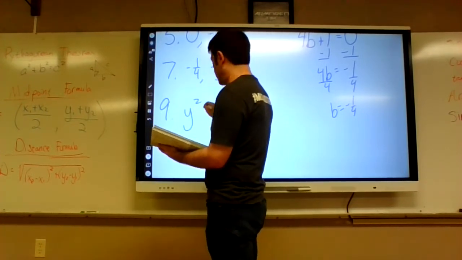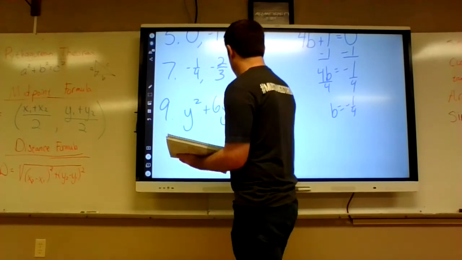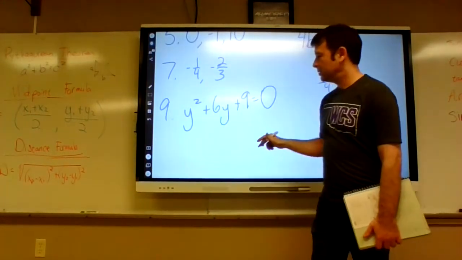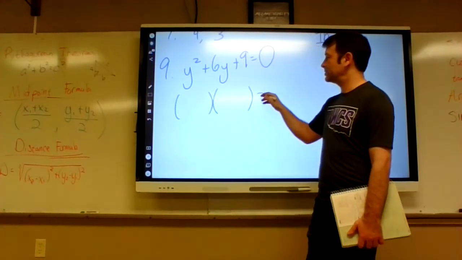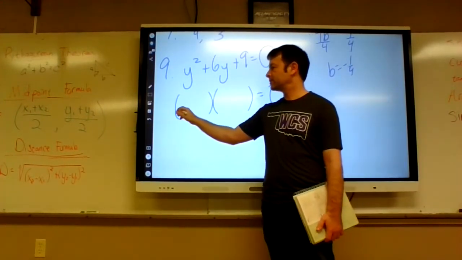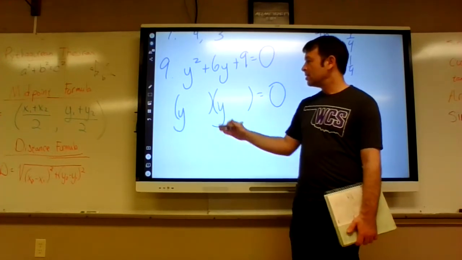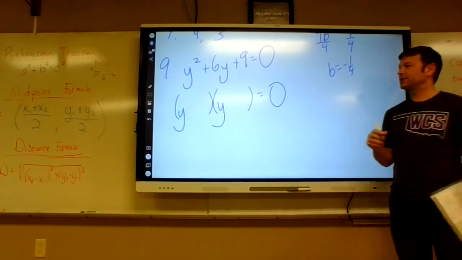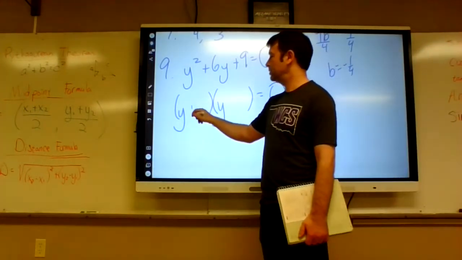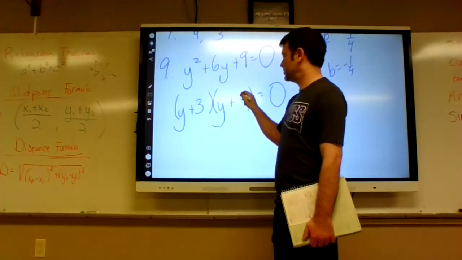Y squared plus 6y plus 9 equals 0. Okay, 3-term factoring, right? So the 2 sets of parentheses. What goes in the front? Y. What multiplies into 9 that adds up to 6? 3 and 3.